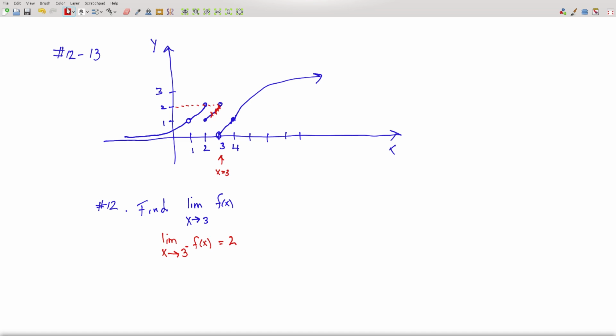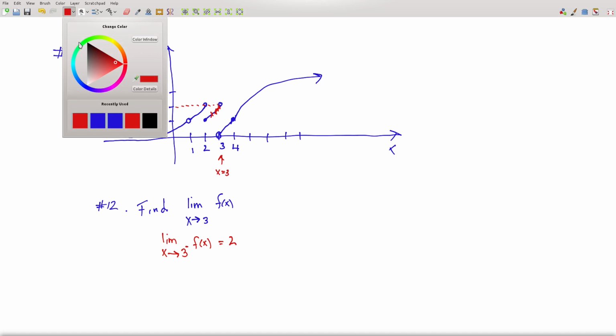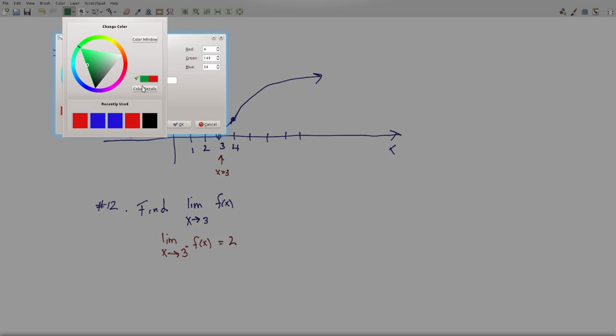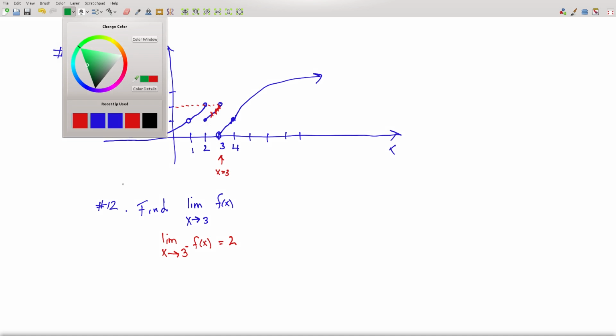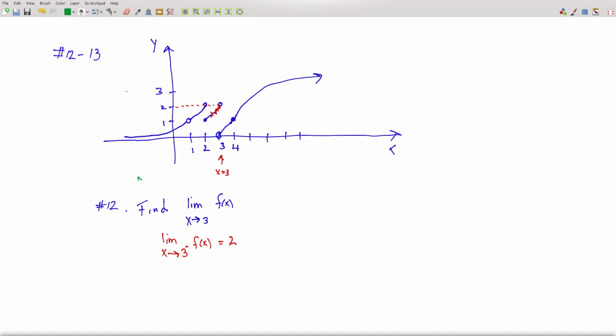What about from the other side? I'll switch colors again. Maybe a nice green color. Okay.